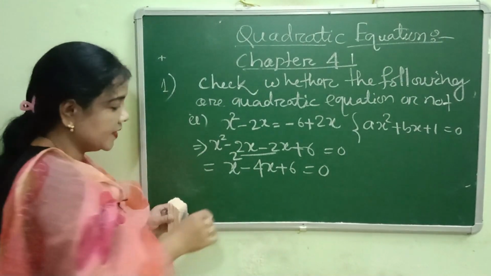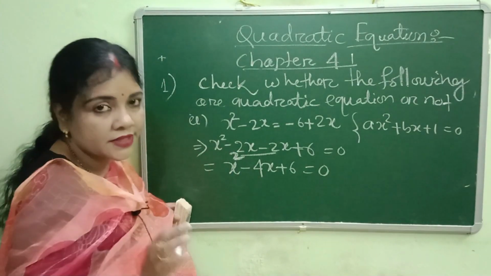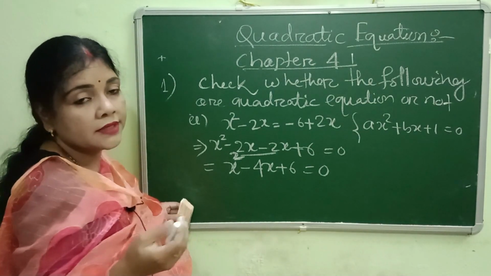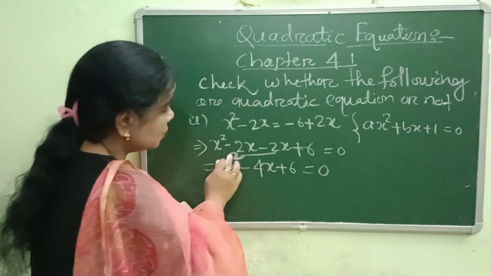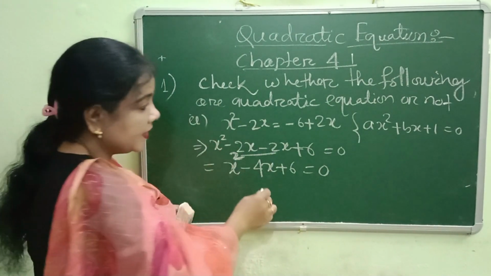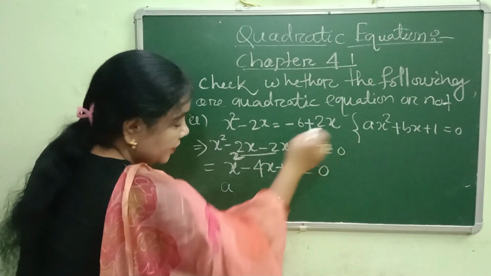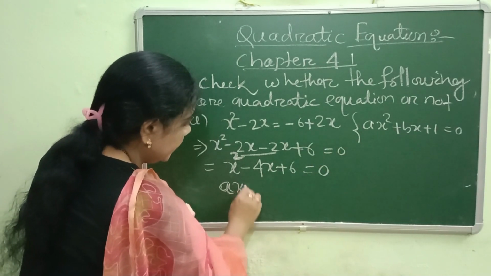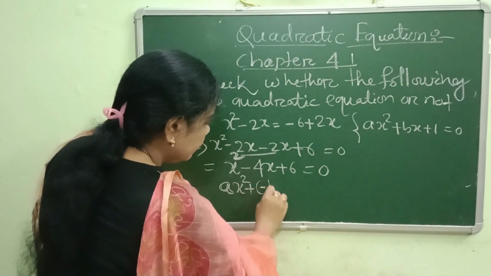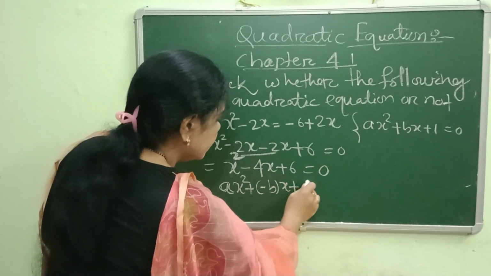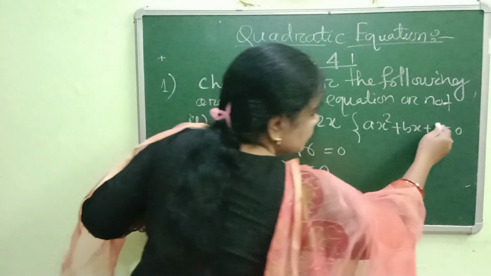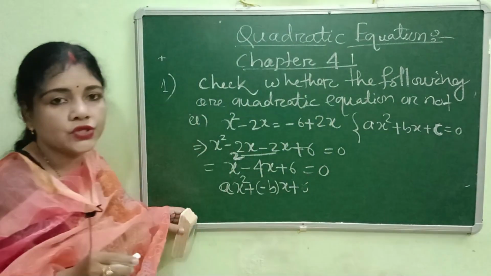Now see, the x square term is here. You understand? As I have already told, if a squared term is there, it comes under a quadratic equation. So x square is there, minus 4x is also there, plus 6 is also there. That means it comes under the standard form ax square plus bx plus c equal to 0, where c is a constant.